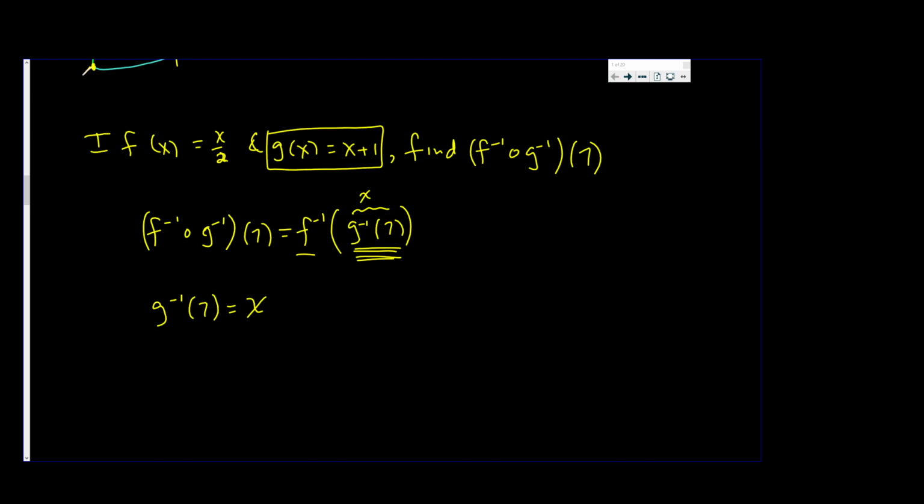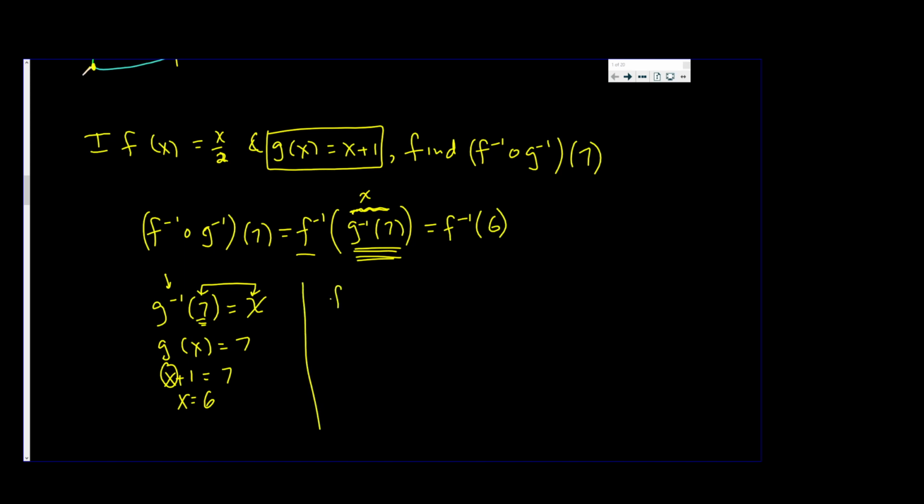Now, if I interchange those two, because that's the y value, then I have to drop the inverse. I get that g of x is equal to 7. But I know that g of x is x plus 1. That equals 7. Ooh, 6 plus 1 is 7, so x is 6. Remember, this equals x, which is 6. So it's f inverse of 6.